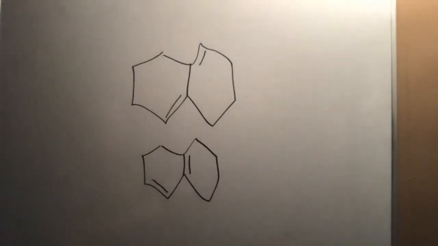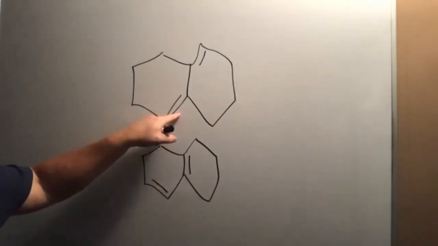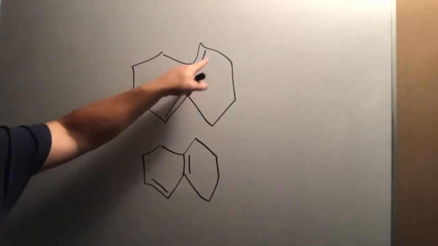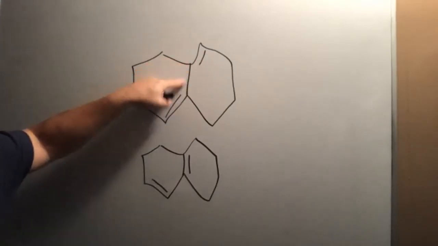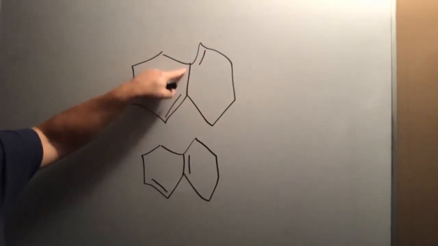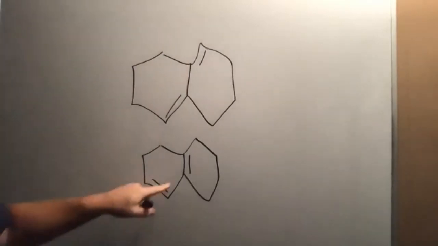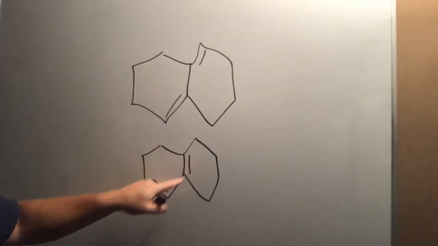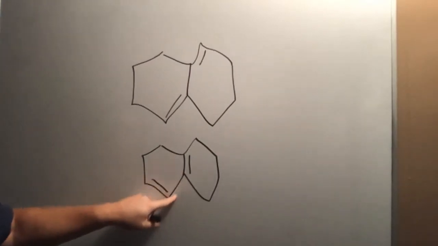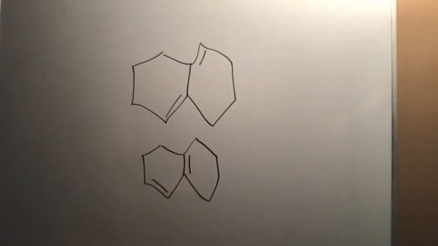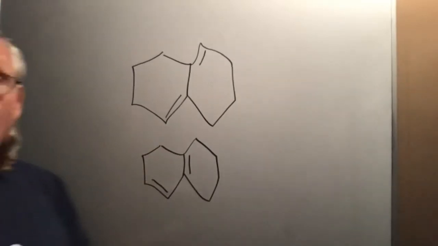Again, you have to be very careful on this one. Notice that this compound is locked in an S-trans configuration. Notice the 2 double bonds are trans around this single bond, where this one is locked in the S-cis configuration. Notice the double bonds are cis around this single bond. So this one would be much more reactive.